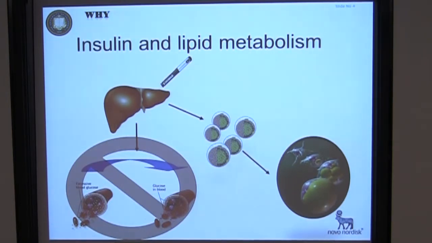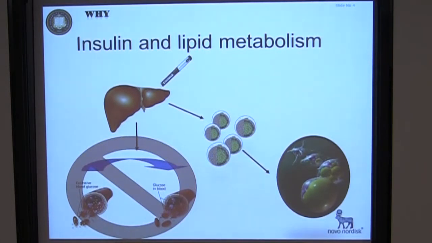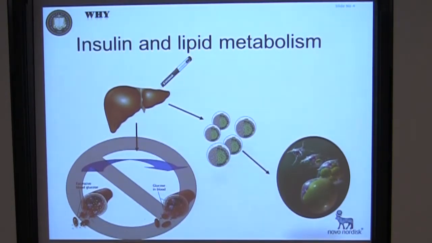And in the treatment of type 2 diabetes, where these patients are usually insulin resistant, we have to give them rather large doses of insulin in order to overcome the resistance in the glucose metabolism. So there is a concern that we might hyperstimulate the lipid pathways. So to keep down the glucose, we're inducing a lot of lipid synthesis.